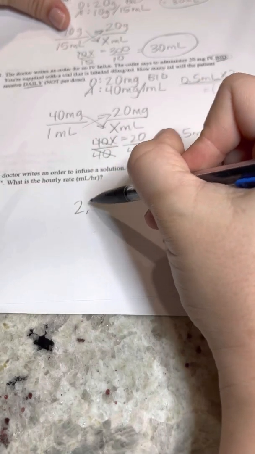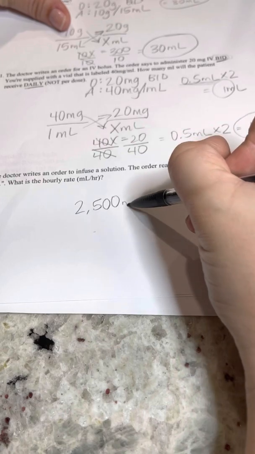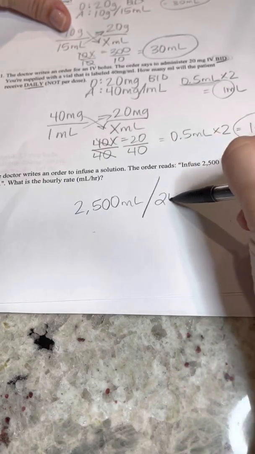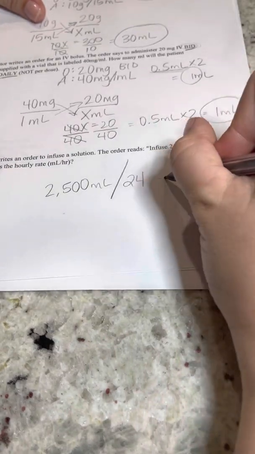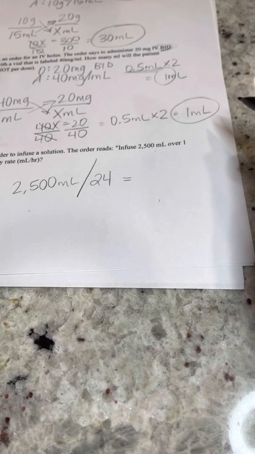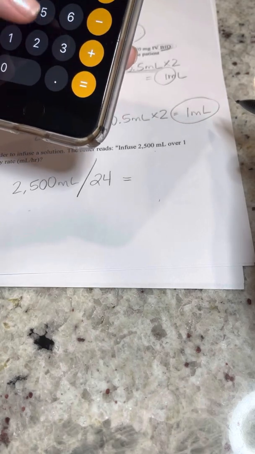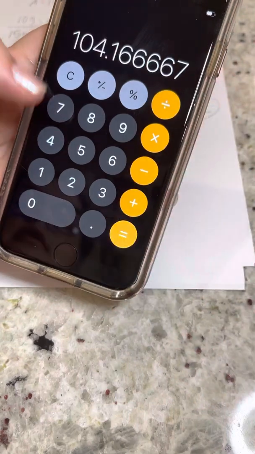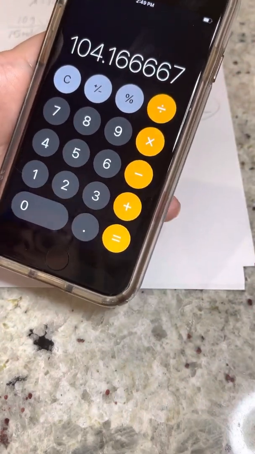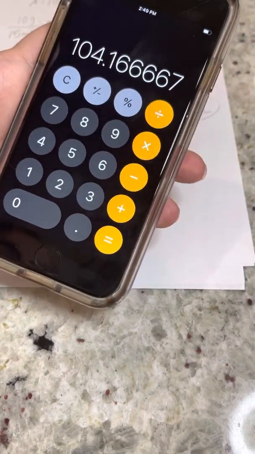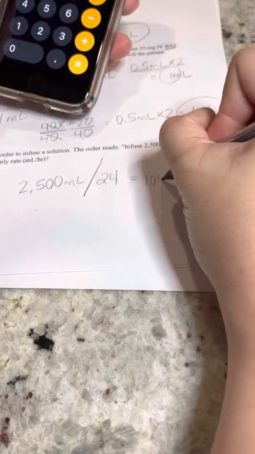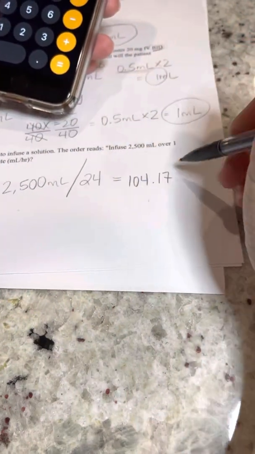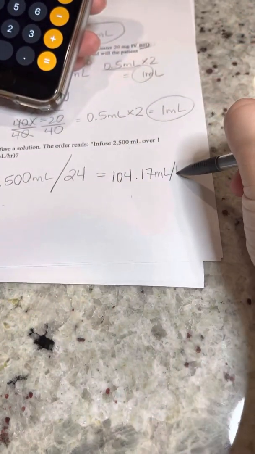We're going to do 2,500 mLs divided by 24 because there are 24 hours in a day. 2,500 divided by 24 is 104.1, we'll round it, 104.17 mLs per hour.